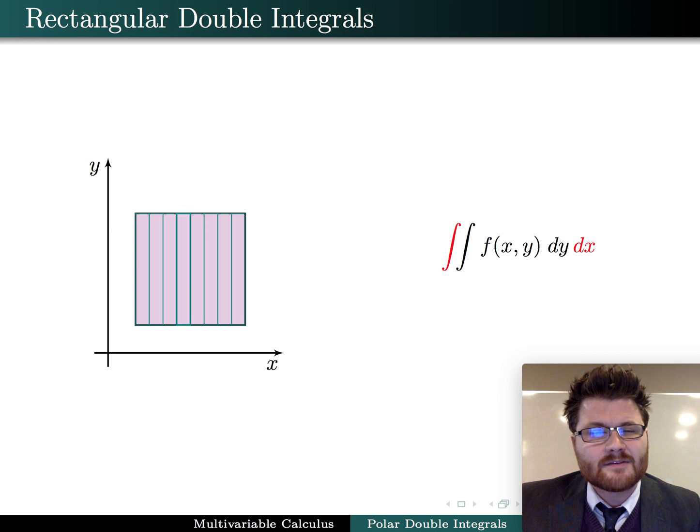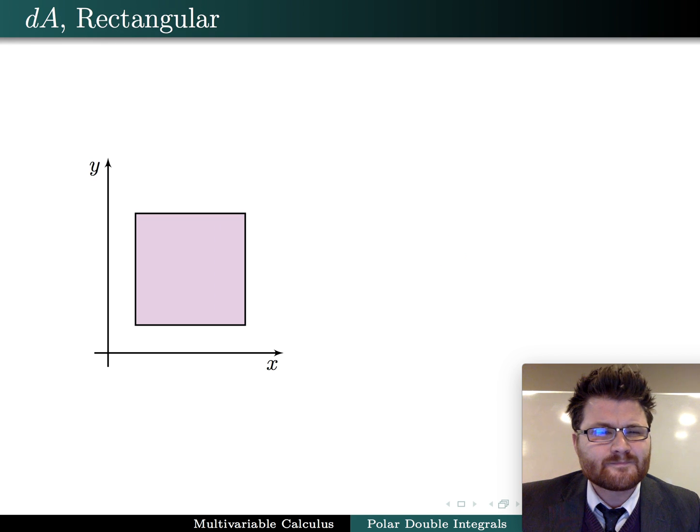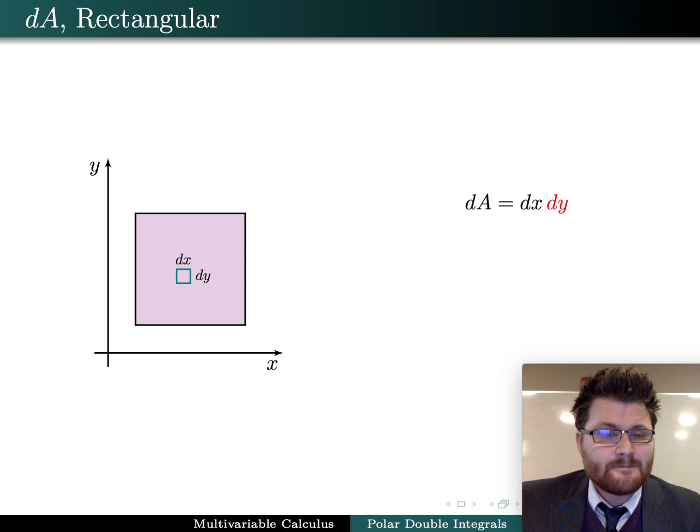In either case, what we're looking at is some infinitesimal area. In this case, it's given by dx dy. So dx being the length of that little area, some little sliver of the x-axis, and dy being the width of that little area.